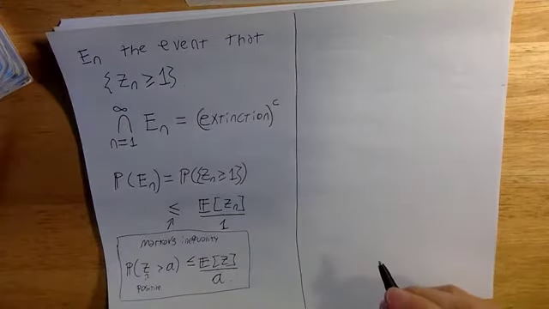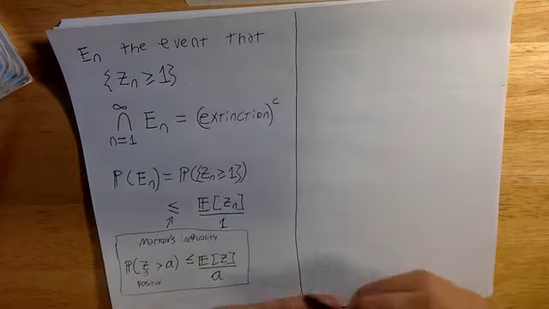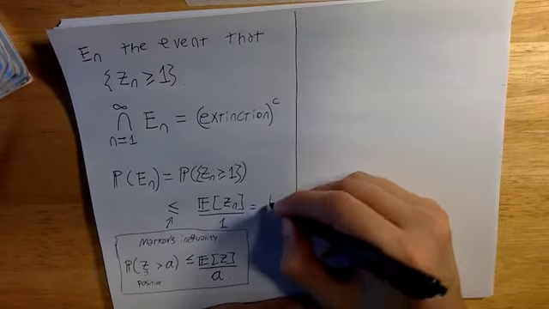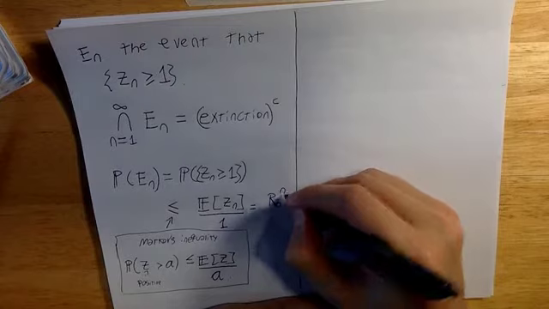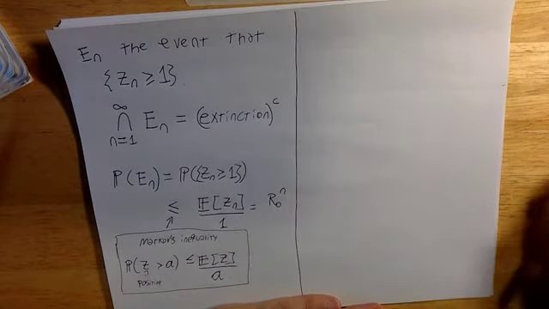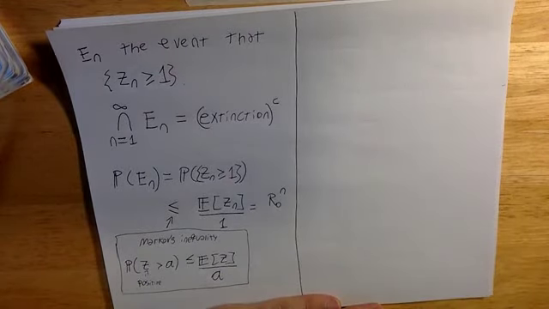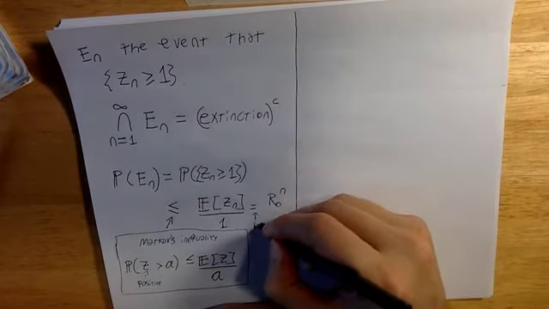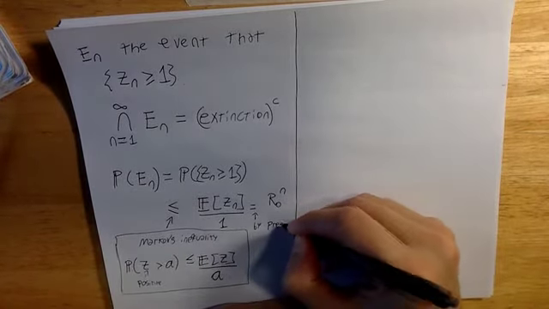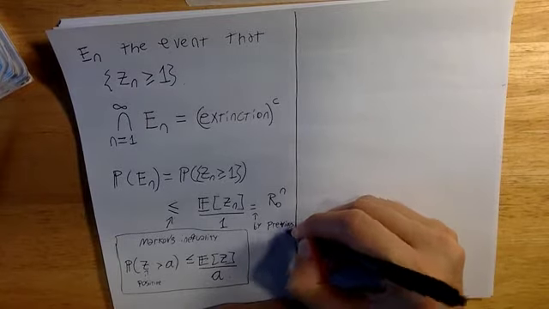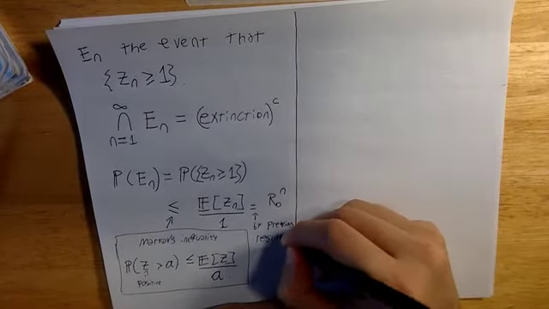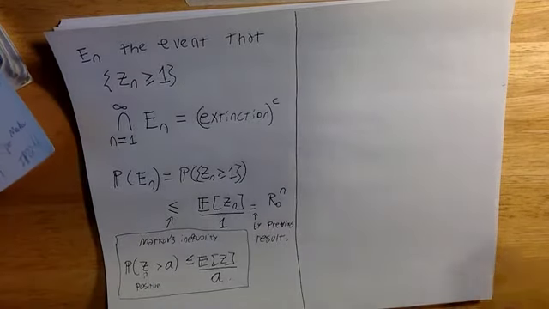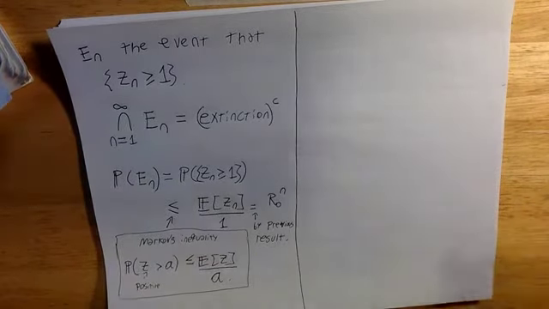But by the previous theorem or lemma, this is equal to R0 to the n. This is by the previous result.